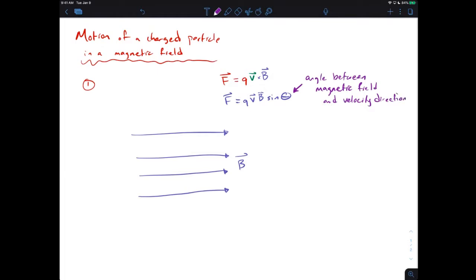Okay, so just so you guys remember what this angle is actually talking about, not the angle of my field or anything like that. What we're talking about here is the angle between these two things. So remember this cross product right here. Okay, so we have our three main parts here, but what does this actually mean? So this means that these two things need to be perpendicular to each other in order for this force to come up.